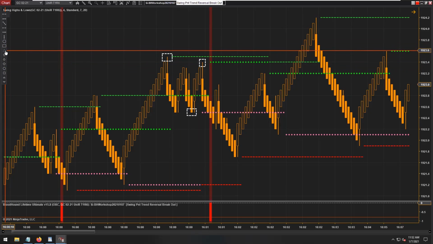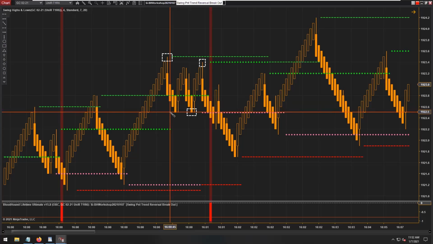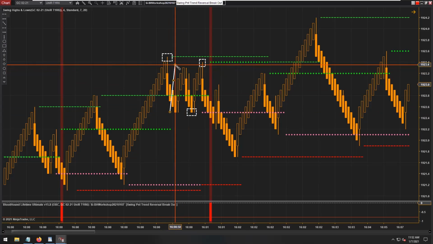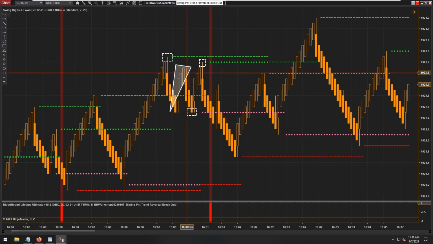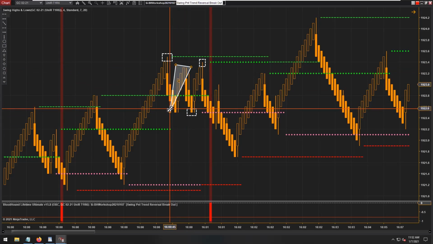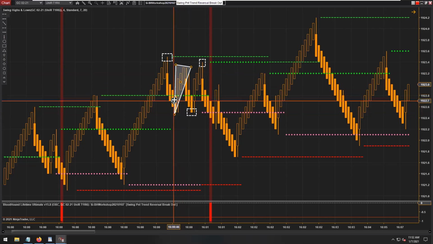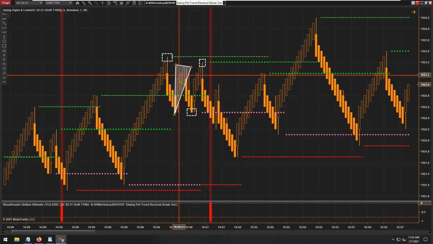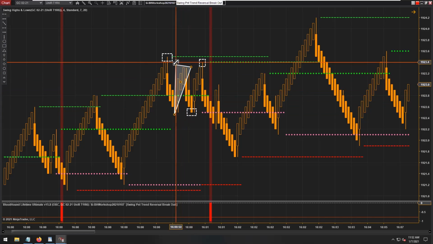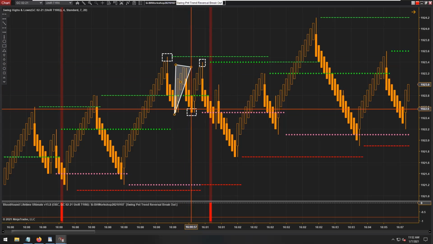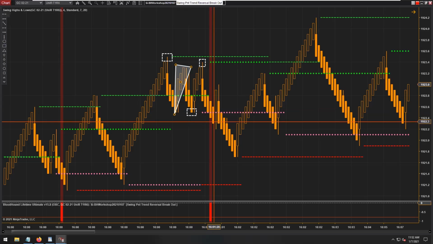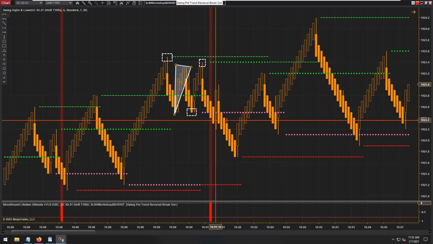And so the indicator basically ignored all this stuff in between here, right? The swing indicator ignored all that stuff. It was just looking at those three points, and then we got a crossover, and bingo, there's our signal.